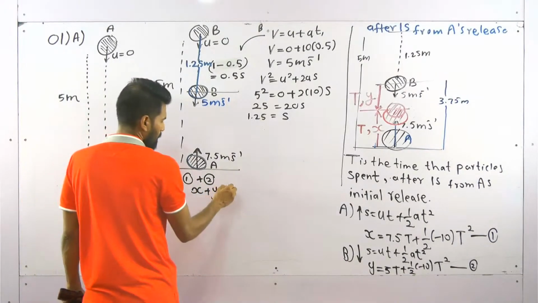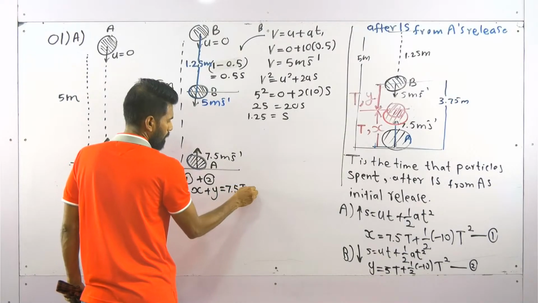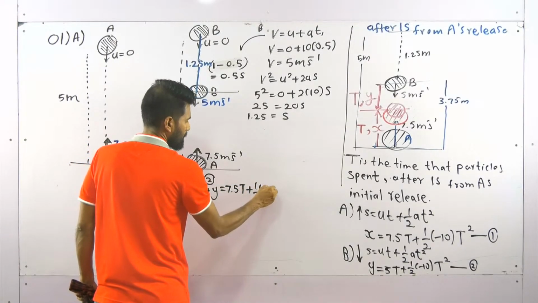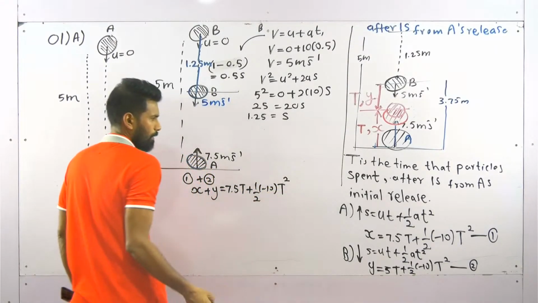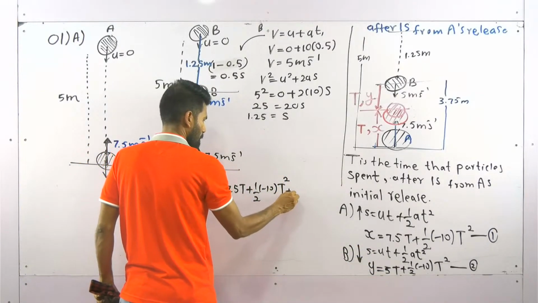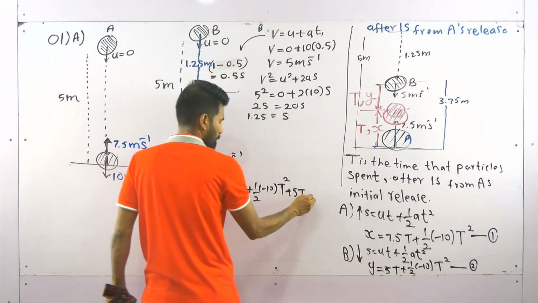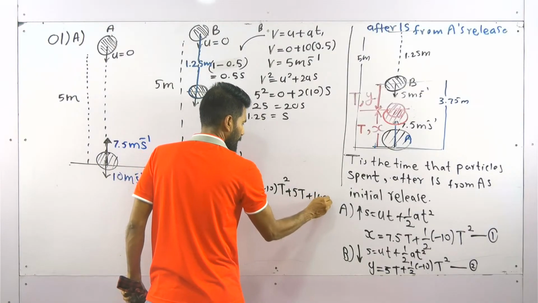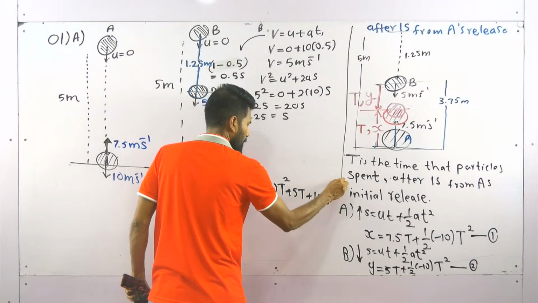In the right side, 7.5t plus half minus 10t square. What else? Here 5t from y. 5t plus half 10t square.